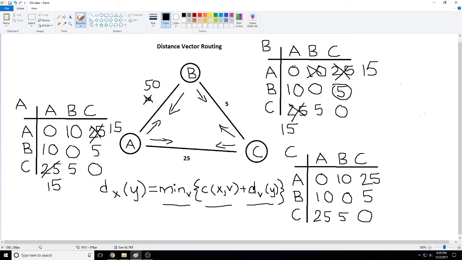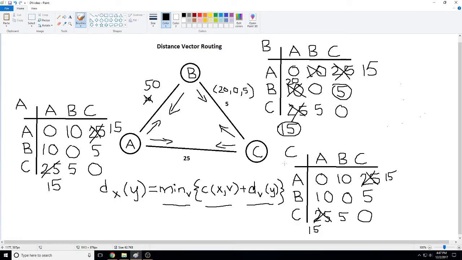And node B thinks C can get to A with a cost of 15. So instead of 10, B thinks it can get to A with a cost of 20. Node B will now send its new distance vector to node C, which is 20, 0, and 5.